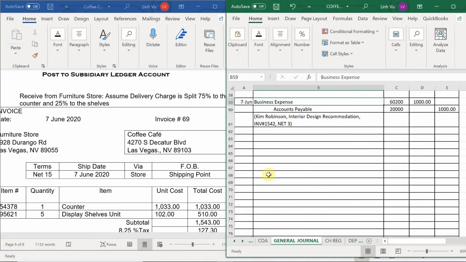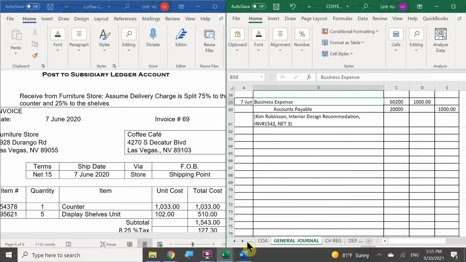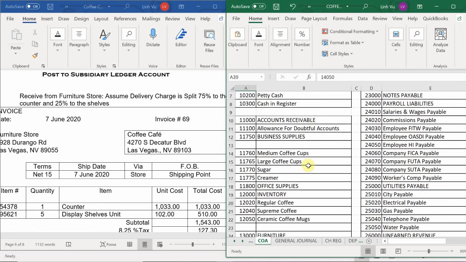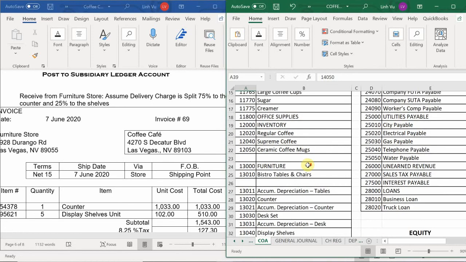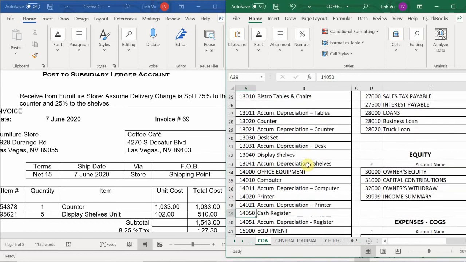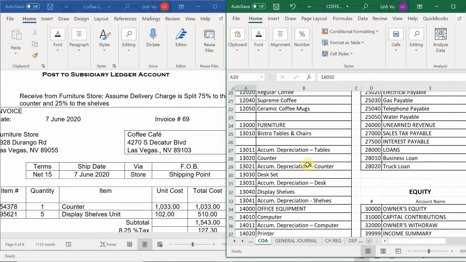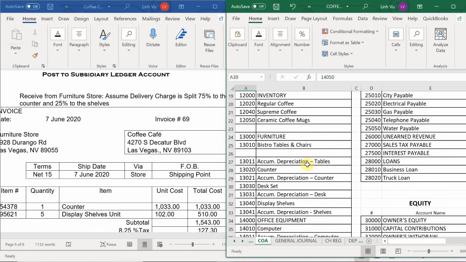So do I have those accounts available in my chart of accounts? Do I actually have an account for the counter and display shelves? Let me see. Yes, we do. We have a counter and we have display shelves. So we do actually have those accounts.